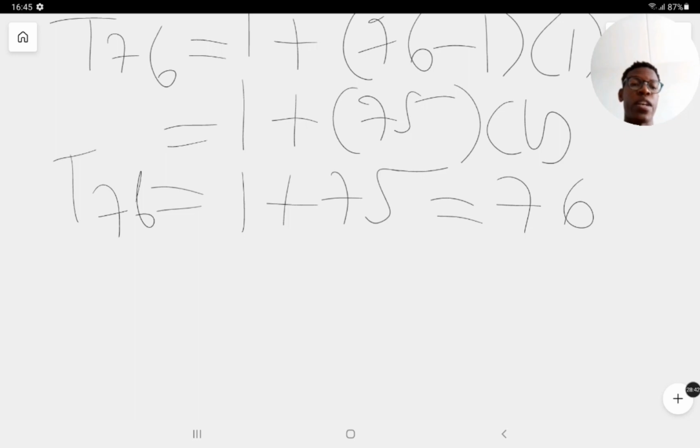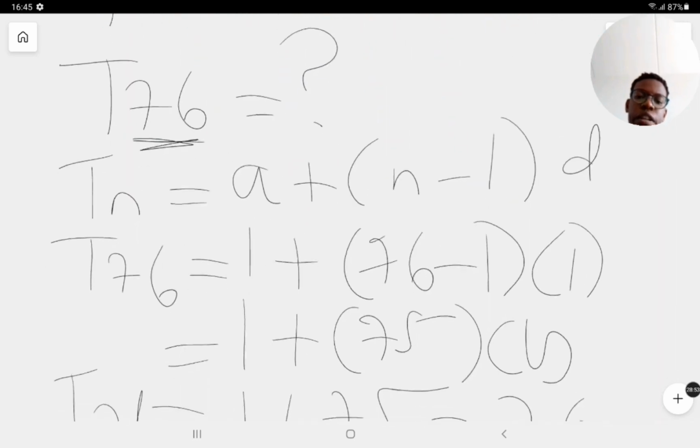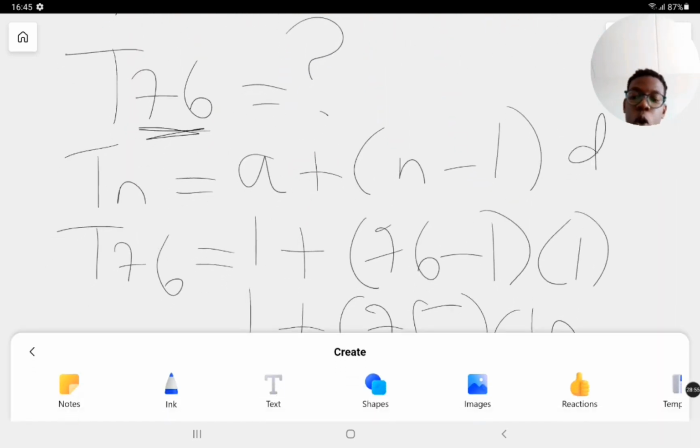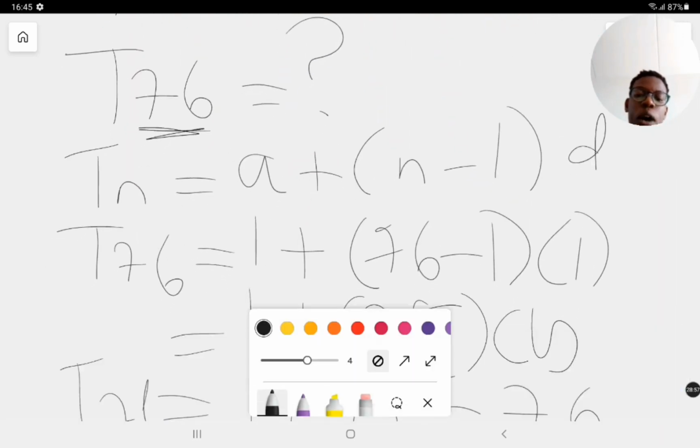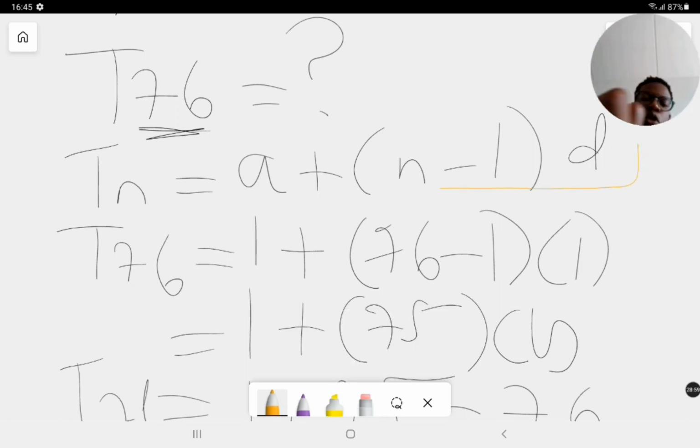We will look at what an arithmetic series is in the next video. But as far as arithmetic sequences go, this is the formula up here that you need to know, to understand, and to know how to use, and when. Most importantly, you need to know when to use it. You use it for arithmetic sequences only.